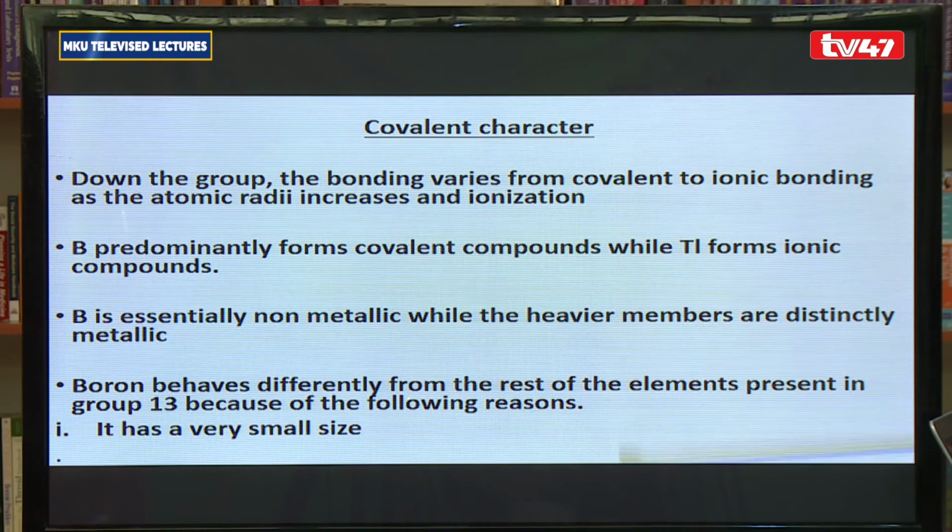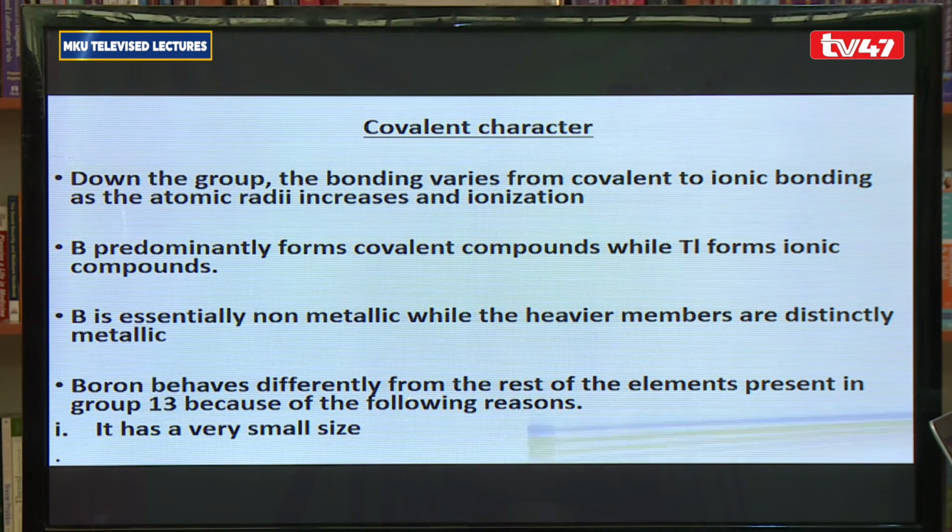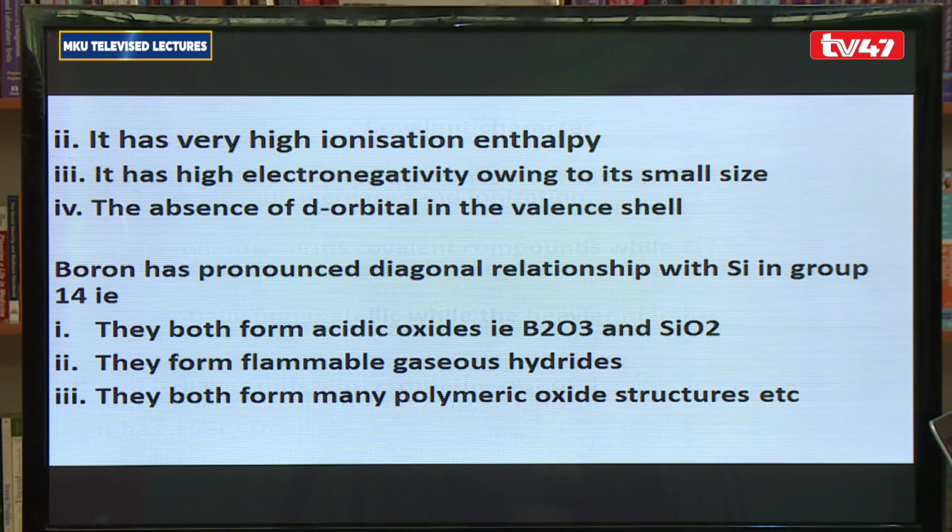Boron behaves differently from the other group members because, one, it has a very small size, because of its small atomic radius and ionic radius. The other thing is that it has a high ionization enthalpy, so that losing electrons is difficult for boron.